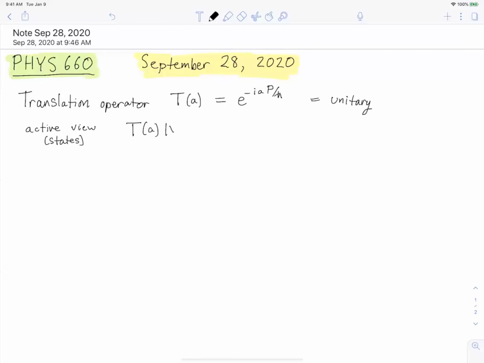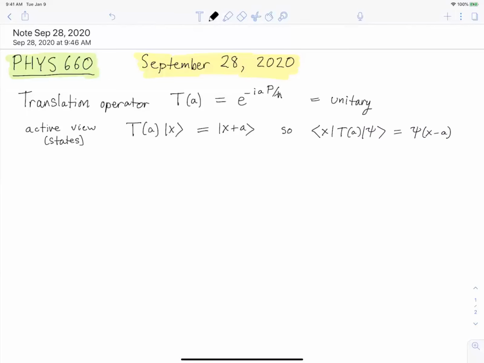So acting on a state where the particle is known to be at a position x gives you back a state in which the particle is known to be at x plus a. And so as a consequence of that, we worked out that this matrix element, <x|T_a|psi> for any state psi, is equal to the wave function, but evaluated at x minus a.